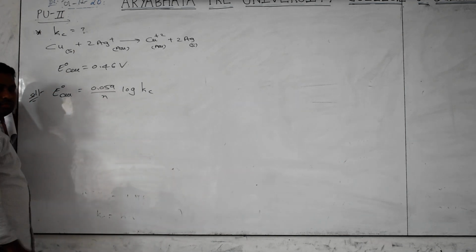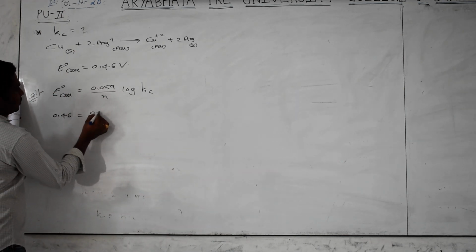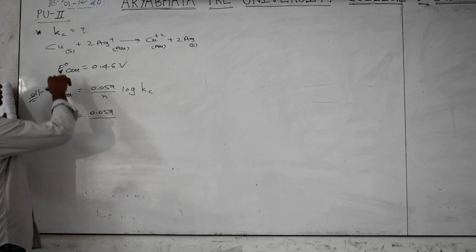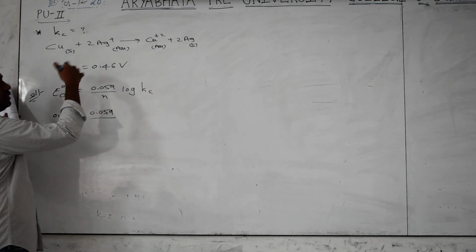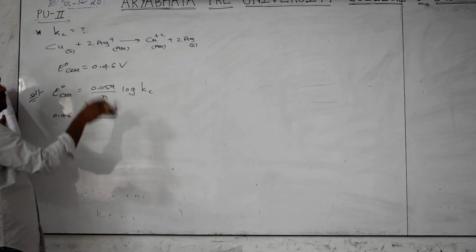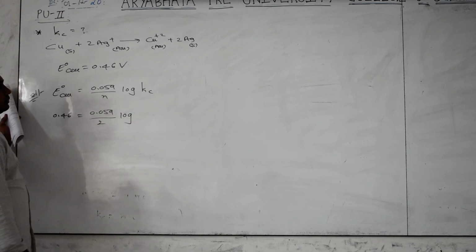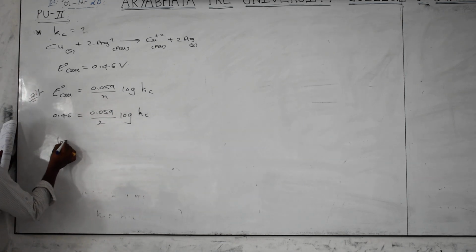Standard EMF for the cell is 0.46, over 0.059 by the transfer of electrons. Don't confuse it: in one reaction 2, in one reaction 1, but we are taking the balanced one. That's why in any oxidation or reduction, the number of electrons transferred will be 2, into log Kc. Leave it as it is. Then do log Kc.